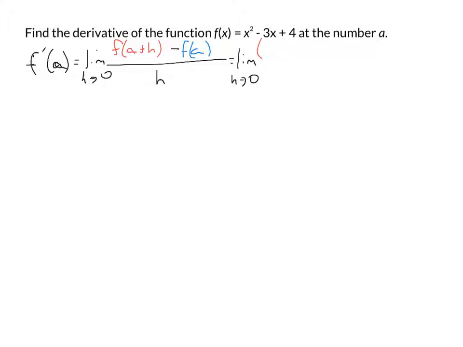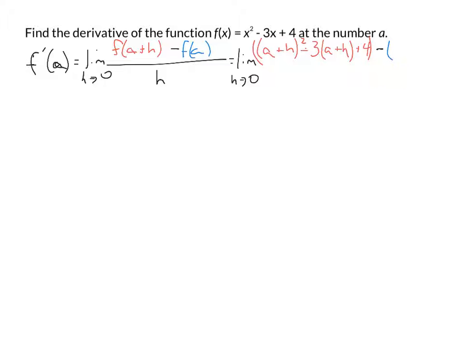So instead of x squared, we have a plus h squared, then minus 3 times a plus h, added to 4, minus, and I'm going to put all of this in parentheses here, so that's all of our first piece, minus our f of a.